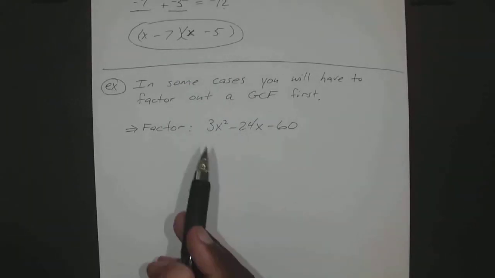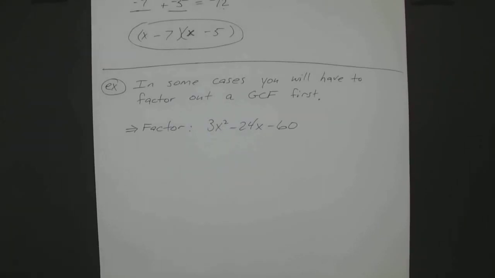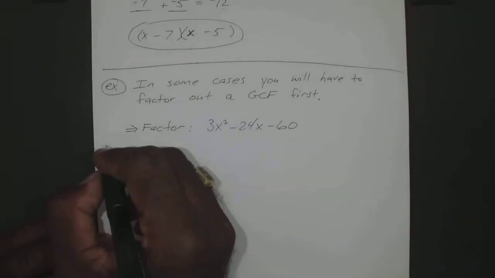Now you have something in front of the x squared, so you don't want that. We have a method coming up for when you have a value in front of the x squared, but it's a lot longer. You want to use this method because it's short and to the point, and you don't have to worry about a whole lot.